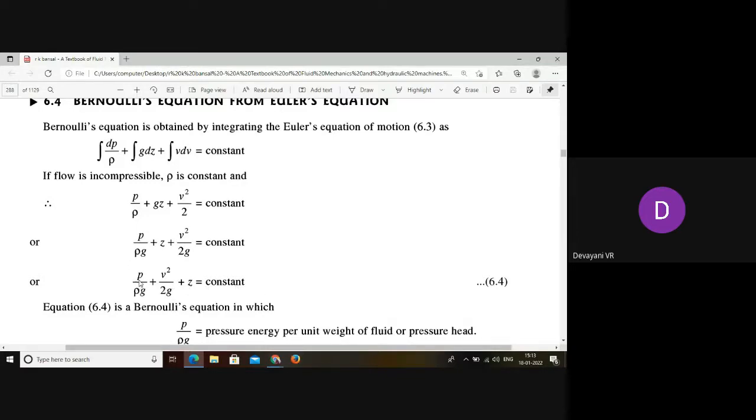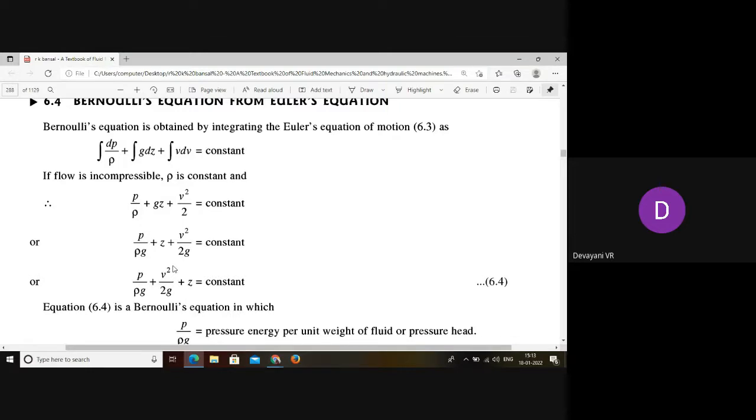Here, P by rho g is the pressure head or pressure energy, V square by 2g is the kinetic energy or velocity head, and Z is the potential energy or datum head. The Bernoulli's equation statement is that the total energy at different points is constant throughout the flow.